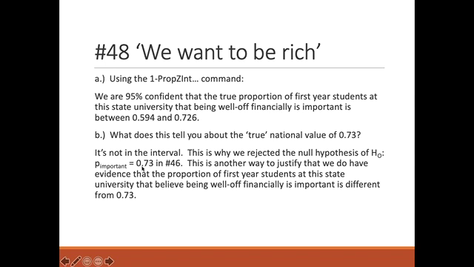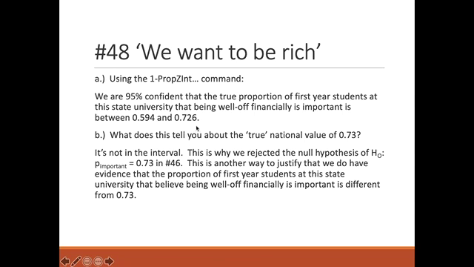So saying that 0.73 is not in the interval is another way to say that we have evidence that the proportion of first-year students at this state university that believe being financially well-off is important is different from 0.73. Why? Well, because this interval is supposed to try to capture that true population proportion.